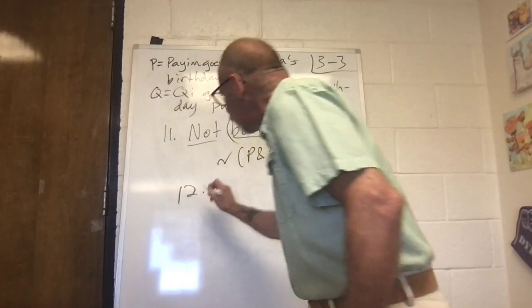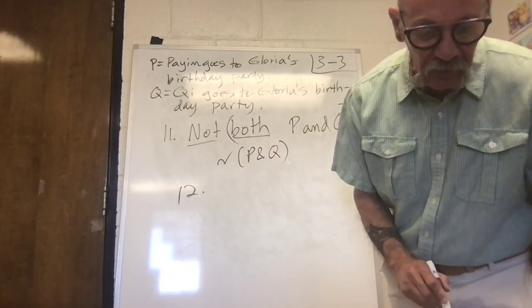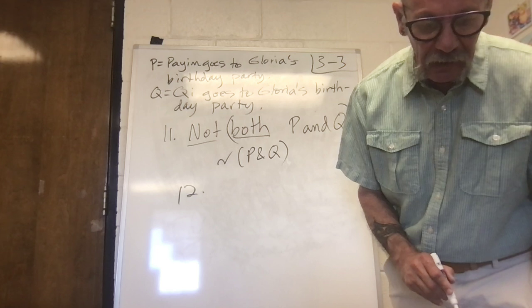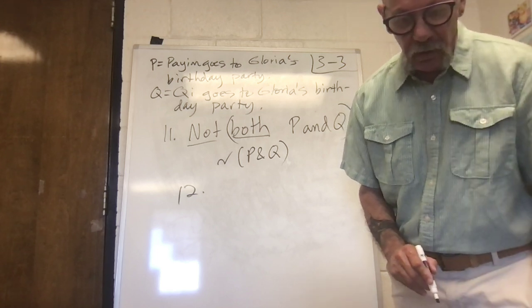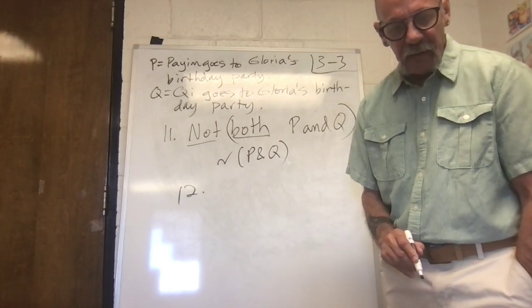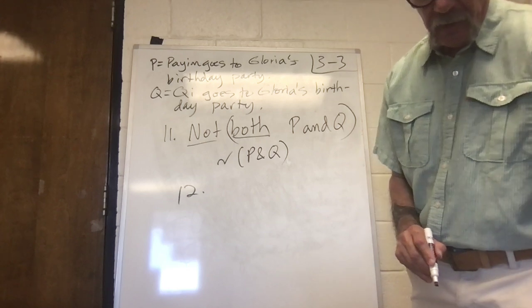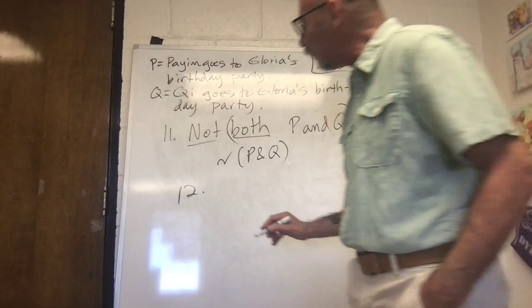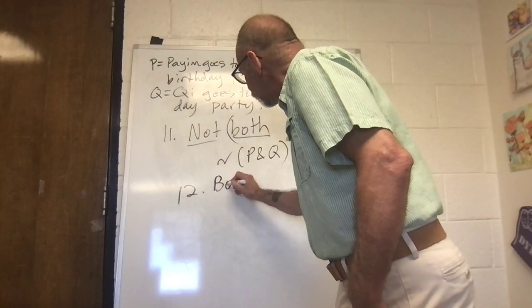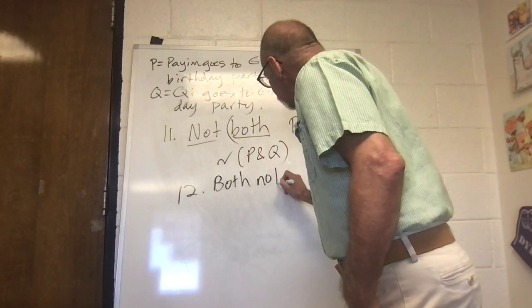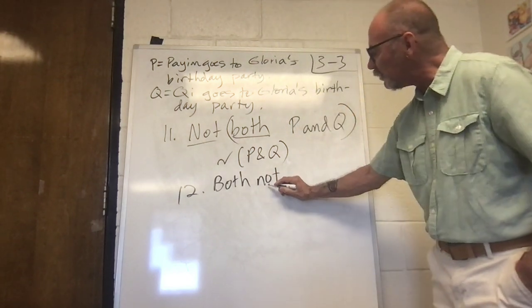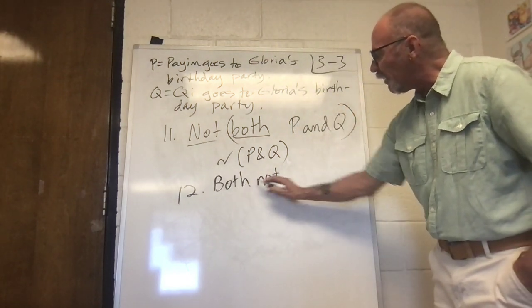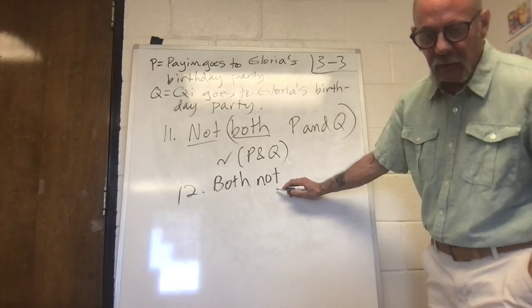Now, looking at number 12, this says both Piam and Key won't go to Gloria's birthday party. Focus just on both won't, or even to simplify further, an apostrophe T, of course, is a contraction for not. So here we have both not what?